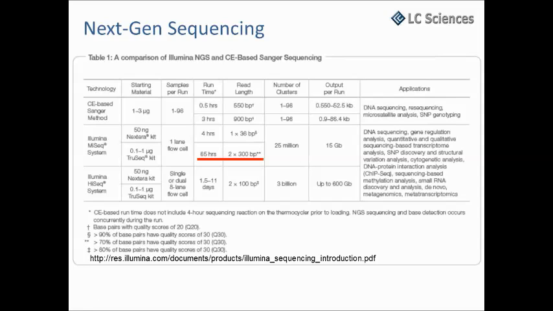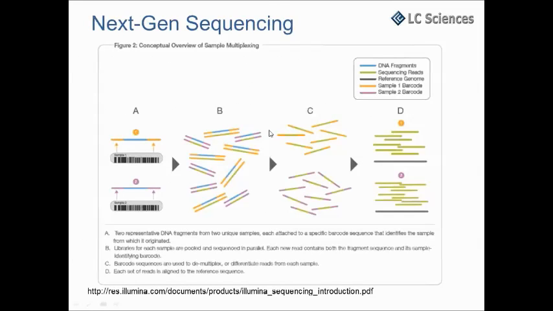So once we want to mix the samples together, we need some way to do the multiplexing. The next one shows how Illumina's protocol handles this kind of situation. We put multiple samples together and sequence them in parallel, but we need to have a barcode. The barcode is at both the 5' end and the 3' end, and the multiple samples are mixed with these barcodes.